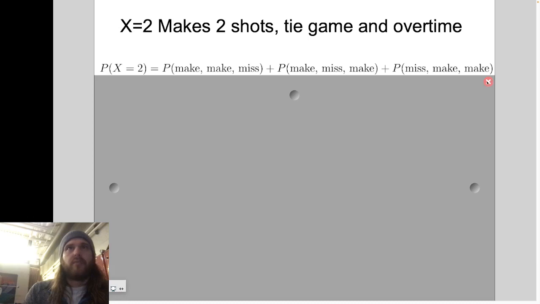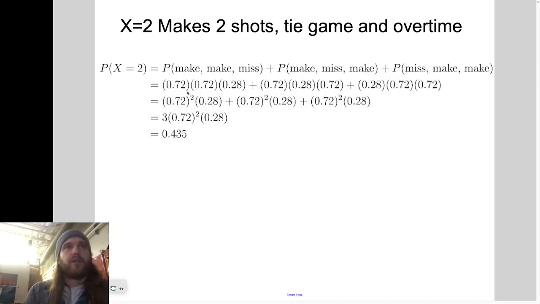All right. There are 3 ways to make 2 shots. That is make, make, miss; make, miss, make; and miss, make, make. And similar to the last math, instead of having 2 0.28s in each calculation, there's 2 0.72s. So that's a make, make, miss, the probability of that happening, plus a make, miss, make, plus a miss, make, make.